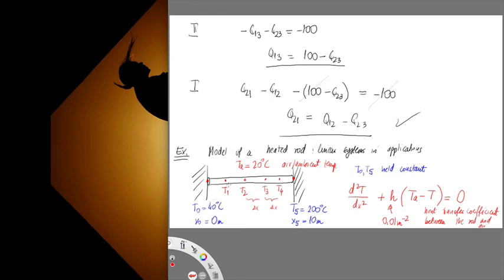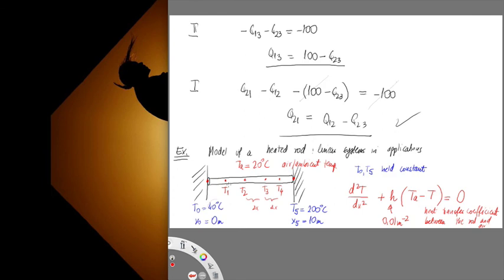Could I choose more? Yes. And that's why we will program it later. Okay? So I can go to 20 if I want to. But let's just conceptually see how we form the system of equations. So basically, my T1, T2, T3, T4. What is my delta x? 10 meters divided by 5.